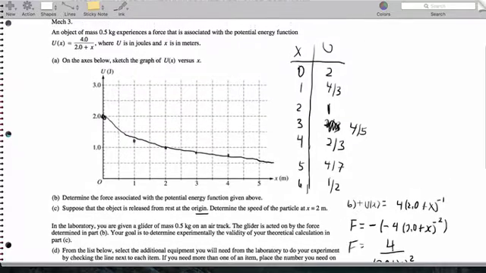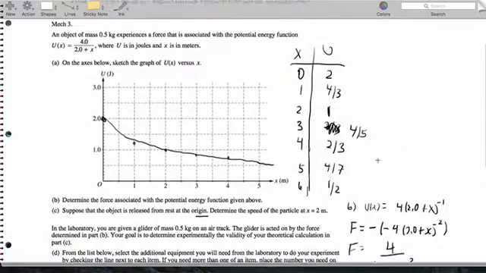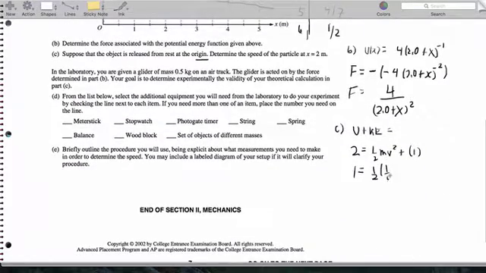Our energy at the origin is 2 joules. So we're going to have 2 joules equals 1/2 mv squared plus, and our energy at 2 is 1 joule. So we're going to have 1 is 1/2 the mass of our little dude, which is 1/2 kilogram, times v squared. And so we're going to end up getting a speed of 2 meters per second for part C.